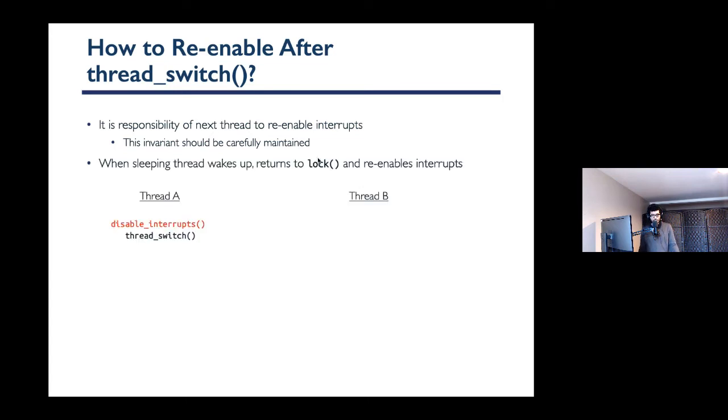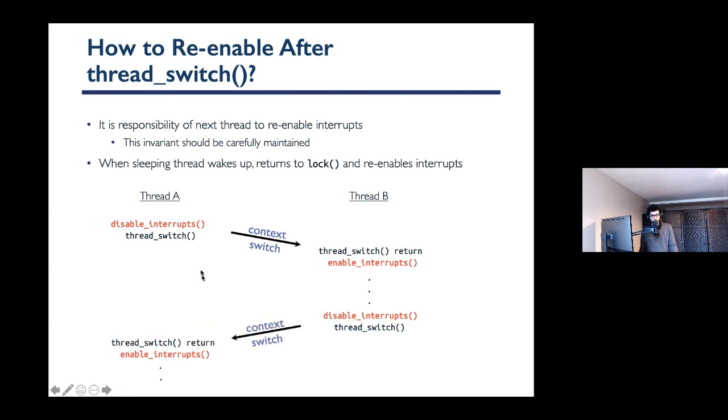So here is the example. Thread A disables interrupts and calls thread switch. At this point, a context switch is going to happen. So I'm going to make thread B enable interrupts after it comes out of its context switching. And then at some point, this thread B is going to disable interrupts and call thread switch.